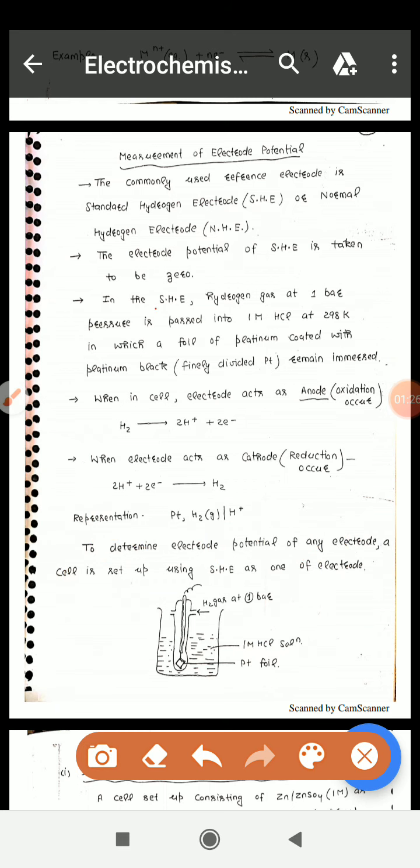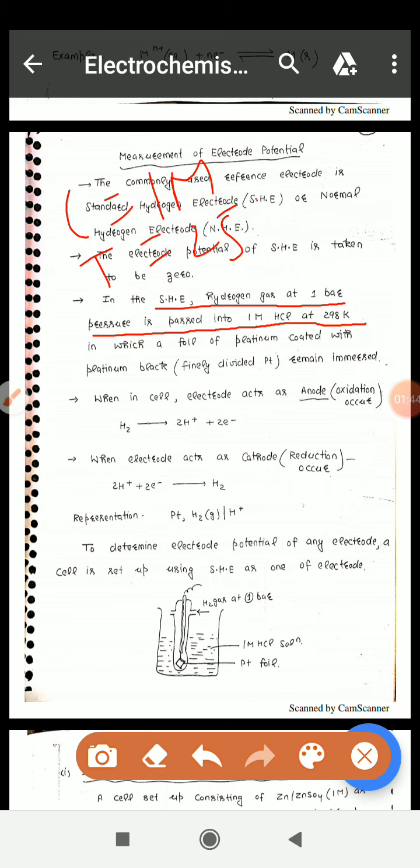In a standard hydrogen electrode, hydrogen gas at 1 bar pressure is passed into 1 molar HCl at 298 Kelvin. 1 molar means concentration. If the concentration is 1 molar and the temperature is room temperature, 25 degrees centigrade, that is 298 Kelvin, it represents the standard condition. So how does the reaction take place?